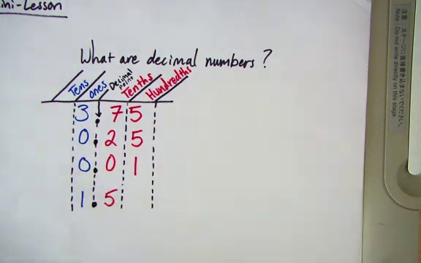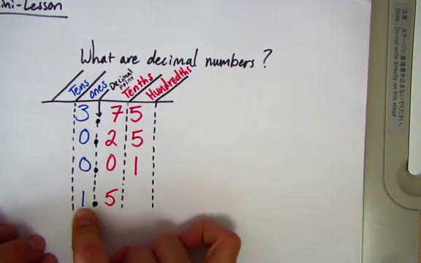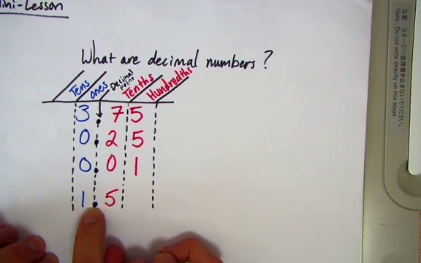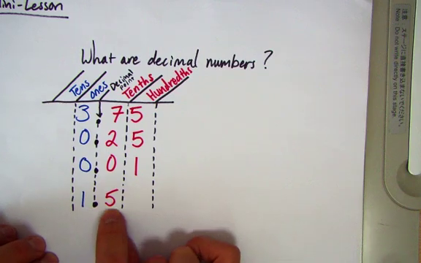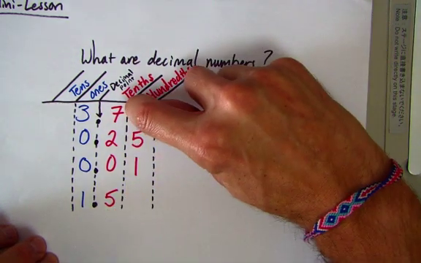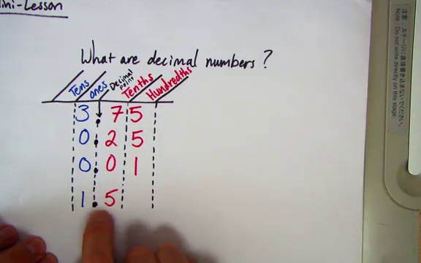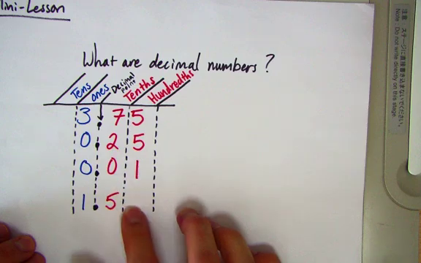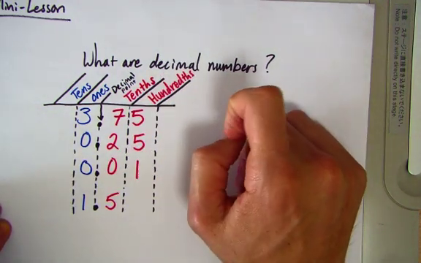But we still follow the same pattern. So what do we have in the ones? We have 1 and, notice the decimal point is and, so 1 and 5 tenths, because I have no hundredths. 1 and 5 tenths. That's how you read decimal numbers, and that is the place value of the decimal numbers.